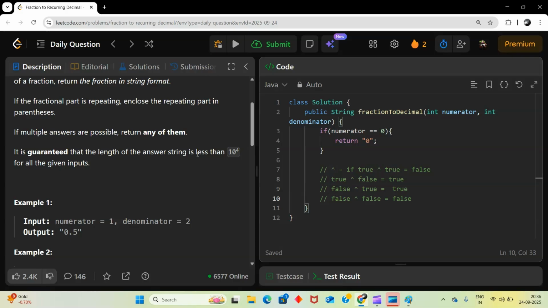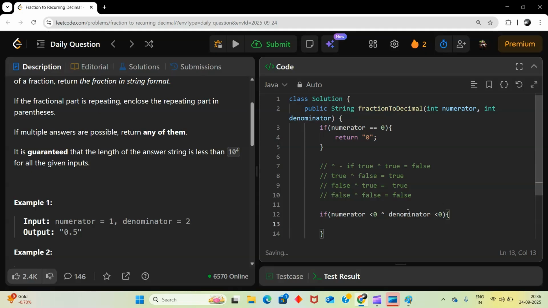That means if they are the same, then false, else true. So what we want is: if my numerator is less than 0 XOR my denominator is less than 0. If both are less than 0, then our answer will be positive, and we don't need to append a negative sign.